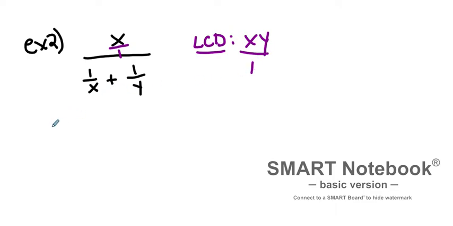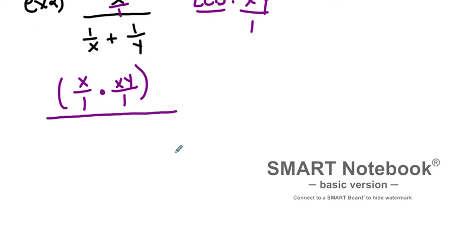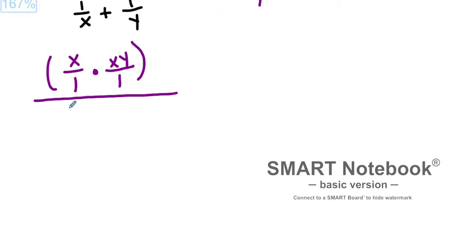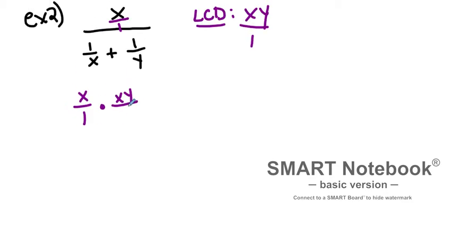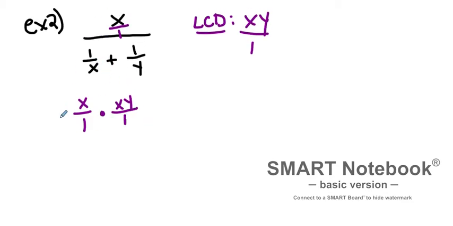Okay, so the top is going to be x over 1 times xy over 1. That's for the top. The denominator is going to be, hold on guys, I zoomed in somehow. Okay. So xy over 1.